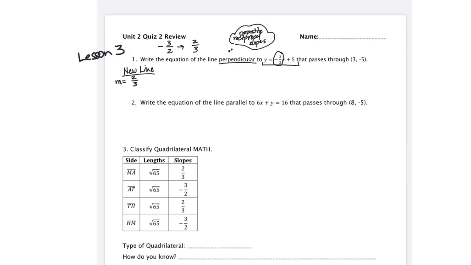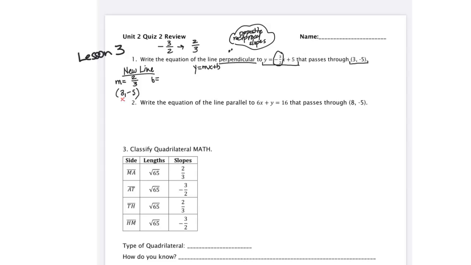We're also given that this new line goes through the point 3, negative 5. So 3, negative 5 is something else we know about the new line. If we're trying to write our equation, the last thing we don't know is what is our b, which is our y-intercept. So what we do is we solve for it. So we have y equals mx plus b.